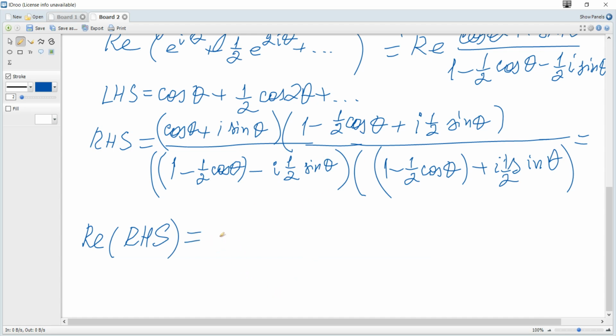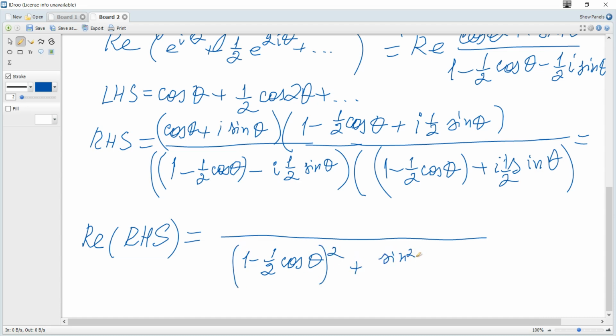So the real part of the right hand side becomes, in the denominator, 1 minus a half cosine θ squared plus sine squared θ over 4, and in the numerator we need only terms without i.